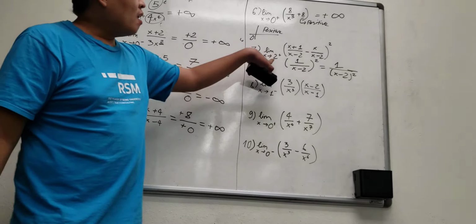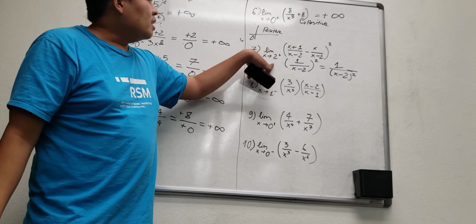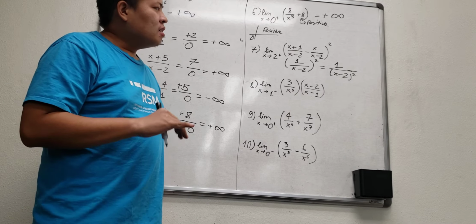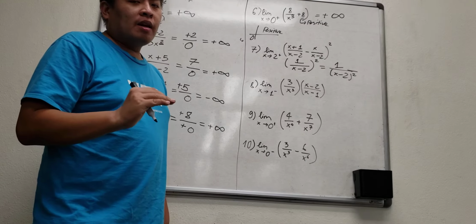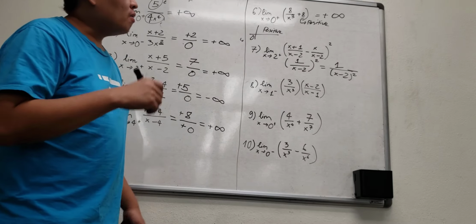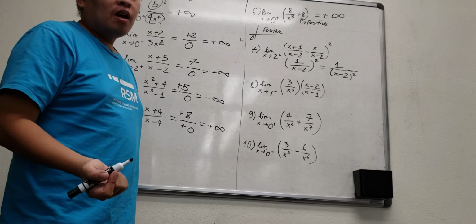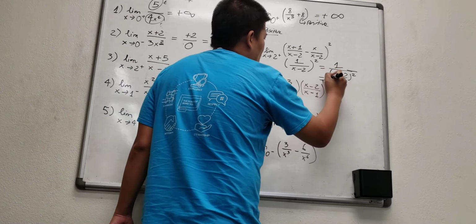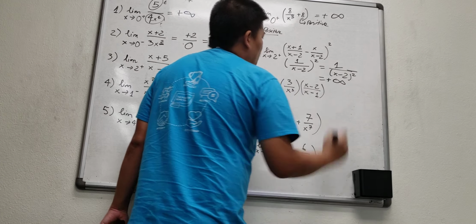So now we have 2 is positive, and then from the left to the right, the number is higher than number 2, so you get 1 over 0. But from the positive side, positive and positive create positive infinity.